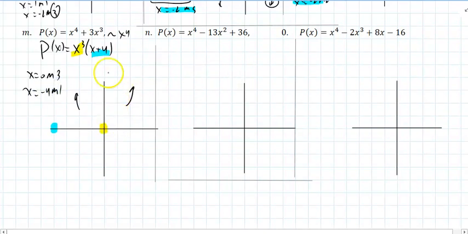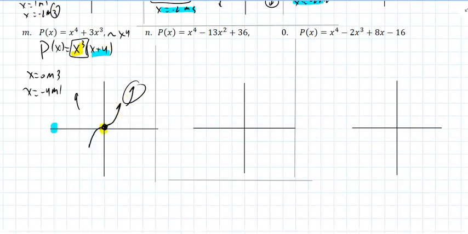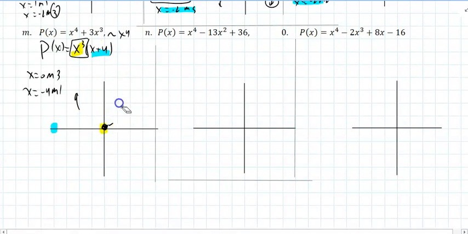Okay, well, since x equals 0 multiplicity 3, this 0 must look like a cubic. The fact that this is up here, it looks just like y equals x cubed, my traditional y equals x cubed, and it's minus. Now, around that 0, it should look like a parabola.